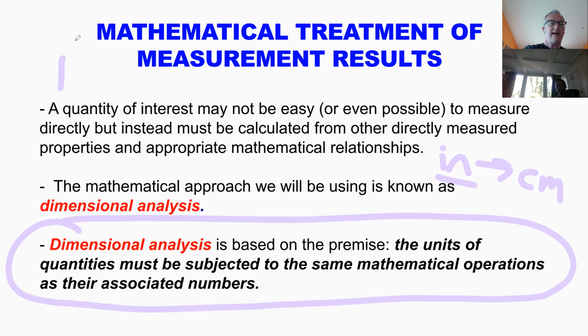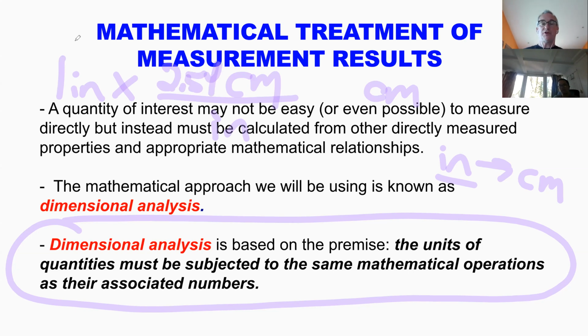If I have 1 inch and you want to convert that to centimeters, have centimeters on the top and inches on the bottom, and put your 2.54 up there. When you do your change, you can cross out the unit you're not interested in, and the unit you're left with should be the answer you're looking for.